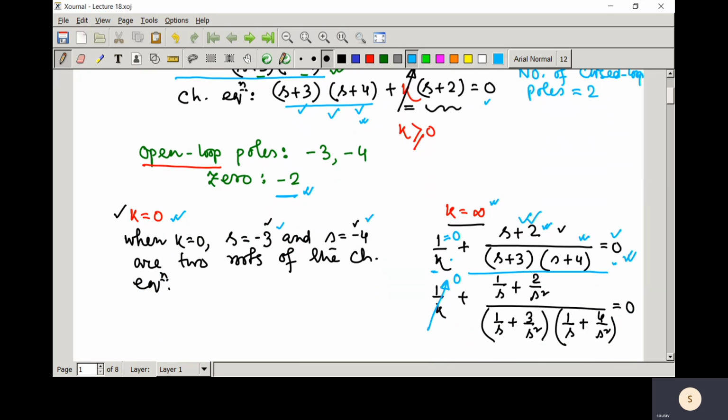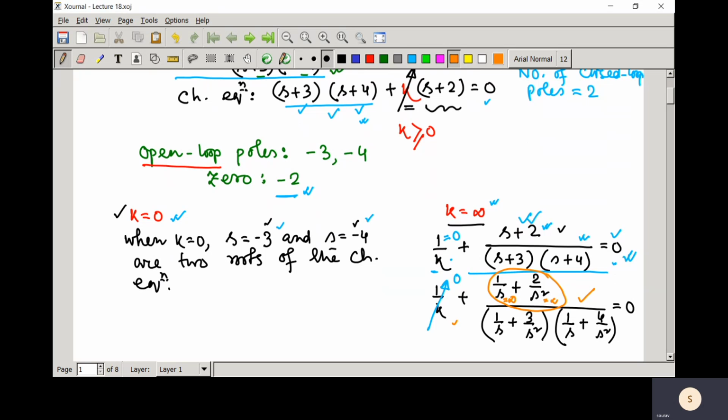Another interesting thing is, if we look at this particular expression, which we get just rewriting the characteristic equation. Now, if s equal to infinity, then this term would again be equal to 0.